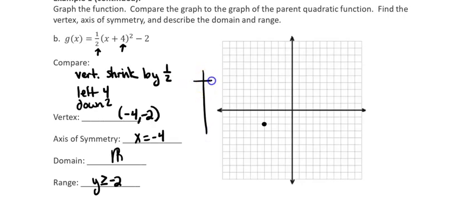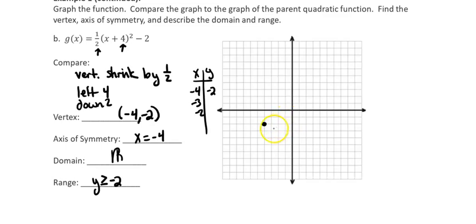To find your other points on this one, since it does have a vertical shrink, I would probably just start by plugging in numbers just to the right. So you could do -3 and -2. I'm actually going to opt into doing those two. You could also just pick evens because you see they're going to be divided by 1/2.